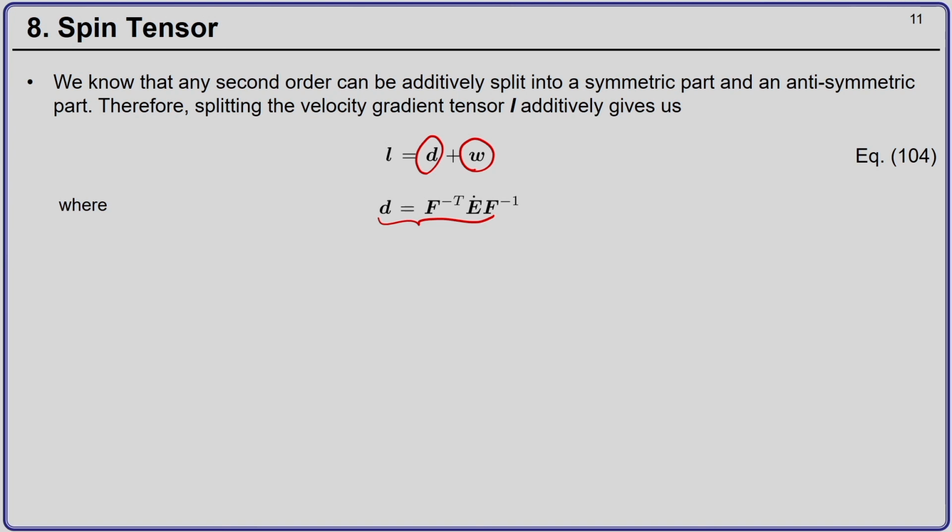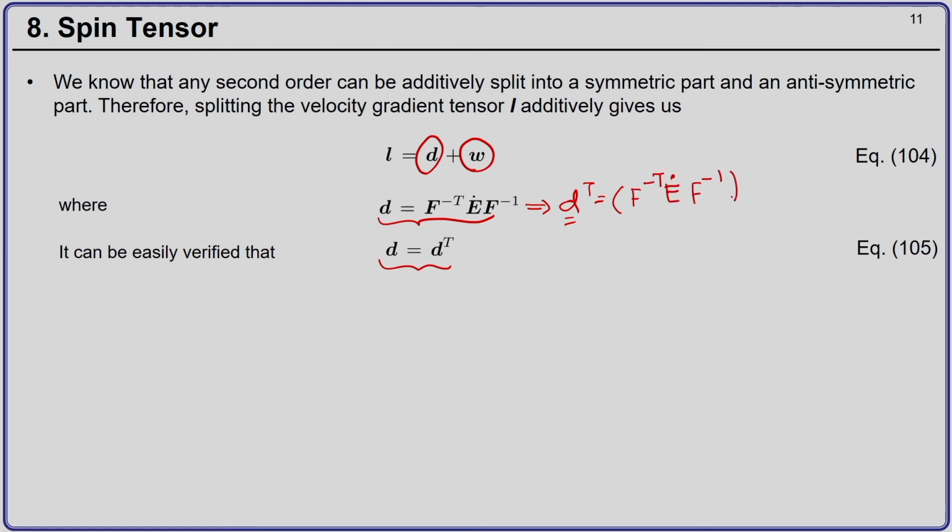And I can actually show that D is a symmetric tensor, which means D transpose is same as D. Okay. I can just take a D transpose here. D transpose will be F inverse transpose E dot F inverse, whole transpose. Okay. So, this will be nothing but F inverse transpose E dot transpose F inverse transpose transpose.